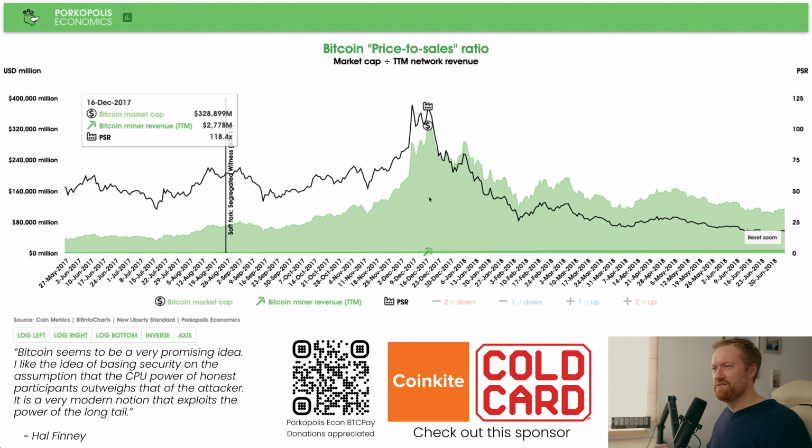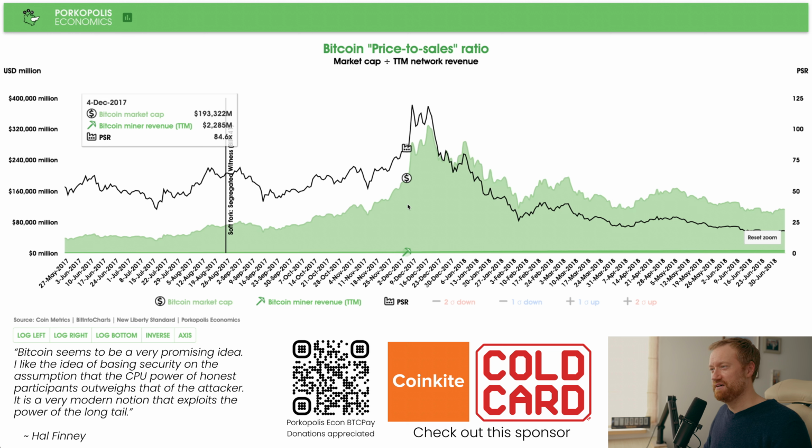The revenue that miners were fighting for on a trailing 12-month basis was $2.8 billion. You take the top number, divide it by the bottom number. That is a PSR of 118.4x.